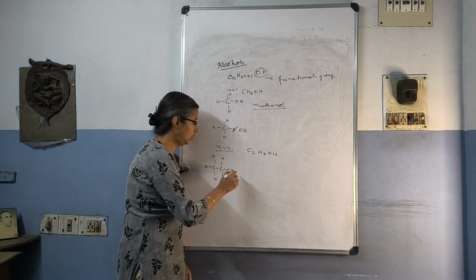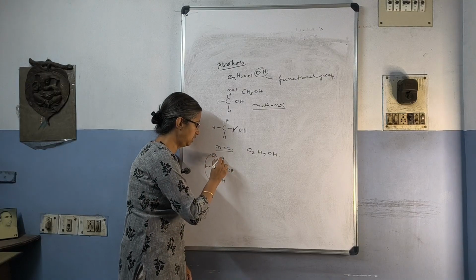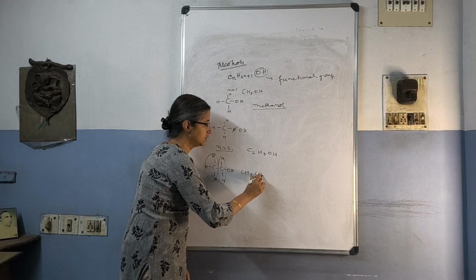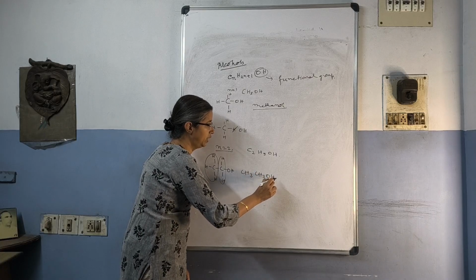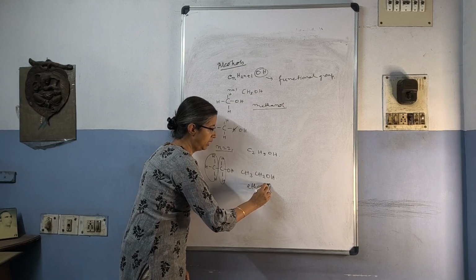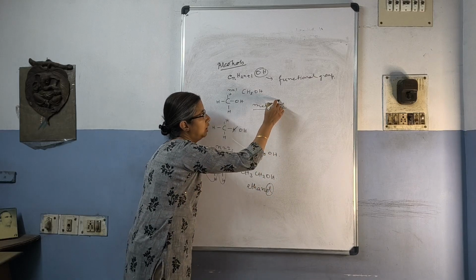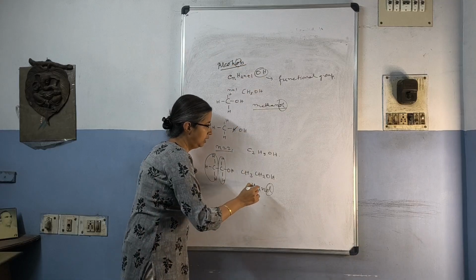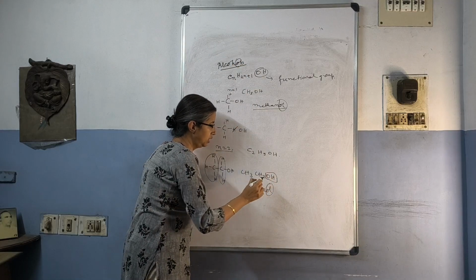So it is ethanol, CH3CH2OH. We can write it in this manner, CH3CH2OH. This is ethanol. Mind that we are naming it with the ending -ol, and here the functional group is OH.